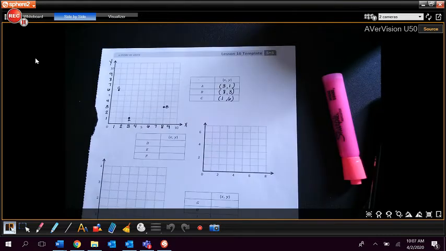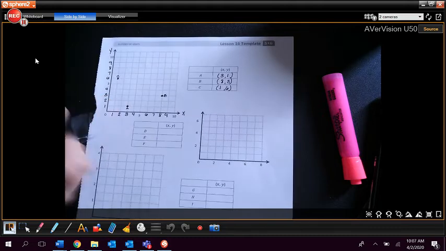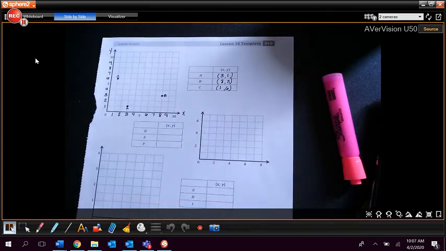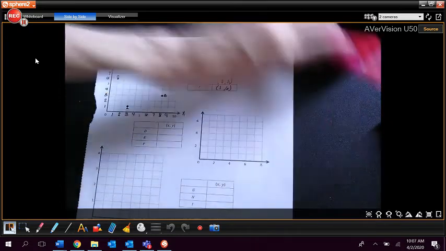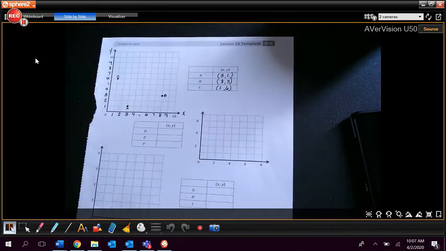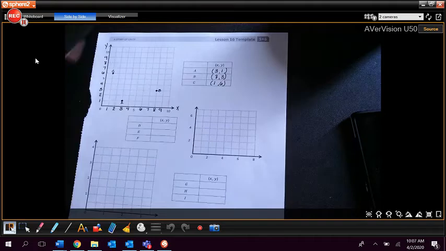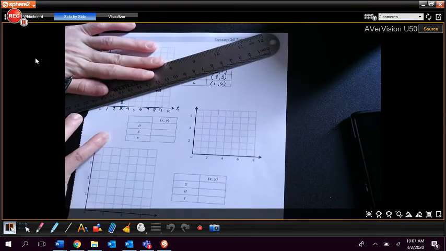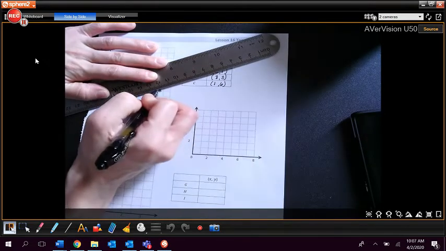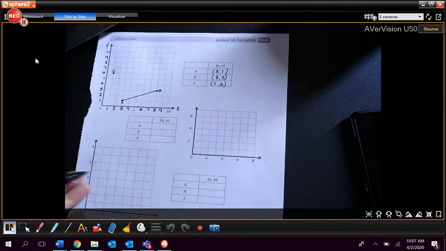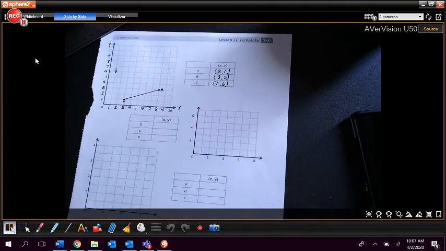Now that you plotted your points, we have point A, point B, and point C. I'm going to be using my ruler. If you don't have a ruler, remember you can use something that has a straight edge. I'm going to connect only A and B, and I'm going to pretend, again, that this is a right triangle.